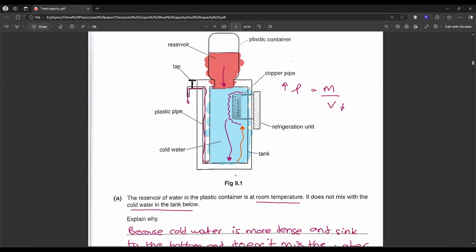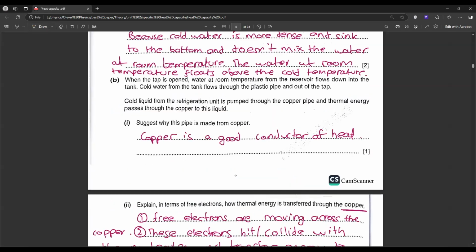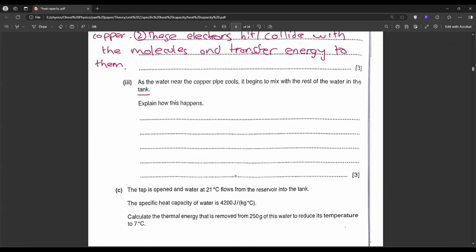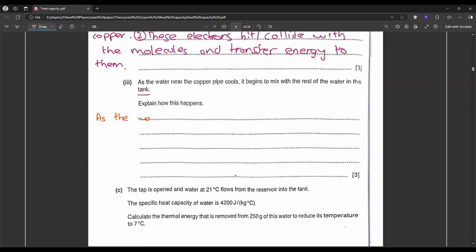Okay. So how will we write it? You will say as the water near the copper pipe cools, it contracts, or you can say volume decreases. Consequently, density increases.